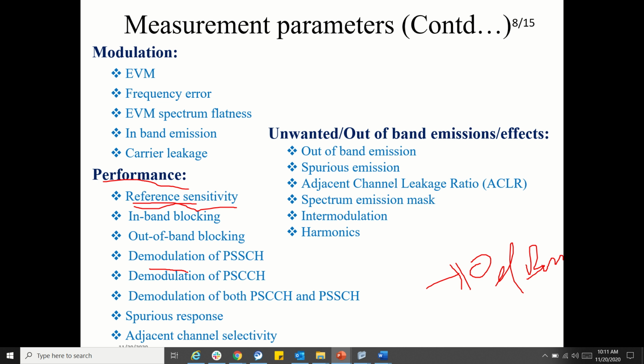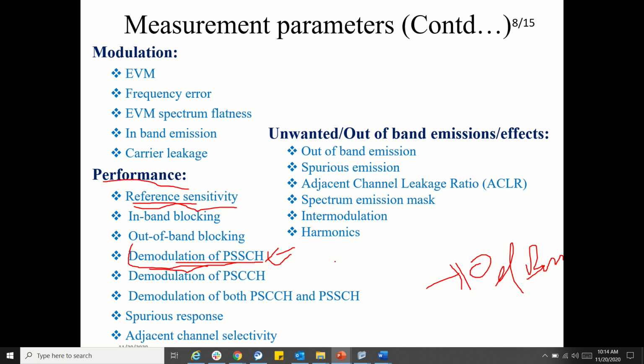And demodulation of PSSCH. Here we will apply different fading scenarios, and then we measure the throughput. We will apply AWGN noise as well. So we will apply the fading scenario, Doppler shift and AWGN, and then see how the UE is decoding.